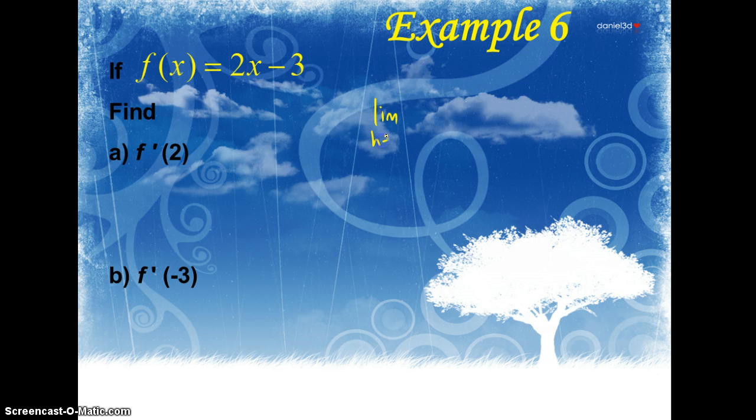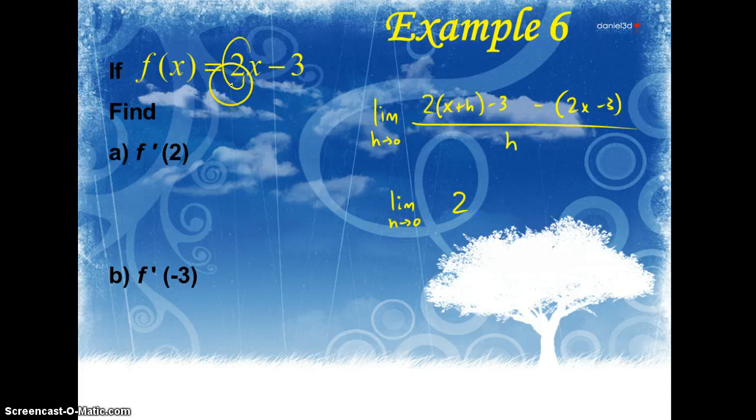So if I did my limit as h approaches 0 of 2 times x plus h minus 3 minus quantity 2x minus 3 all over h, 2x and 2x are going to cross out, the 3 and 3 are going to cross out, and I'll be left with 2 times h over h, or just simply 2. At this moment, you might have realized the original graph was just a line. The original graph being a line means it has the same slope at all times. So the slope was 2, and I probably could have figured that out already without calculus.